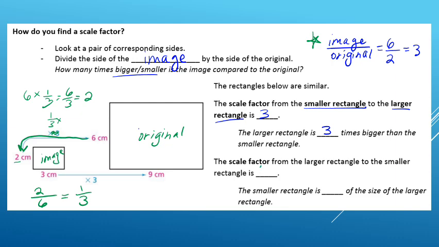And so this scale factor is 1/3, and therefore that also means that the smaller rectangle is 1/3 of the size of the larger rectangle. So again, the big thing to think about here when you're finding the scale factor is this whole idea of the image divided by the original. So looking at two corresponding sides, take the new side and divide by the old side in the smaller shape or the original shape, and find how it changed, how many times bigger or smaller it became.